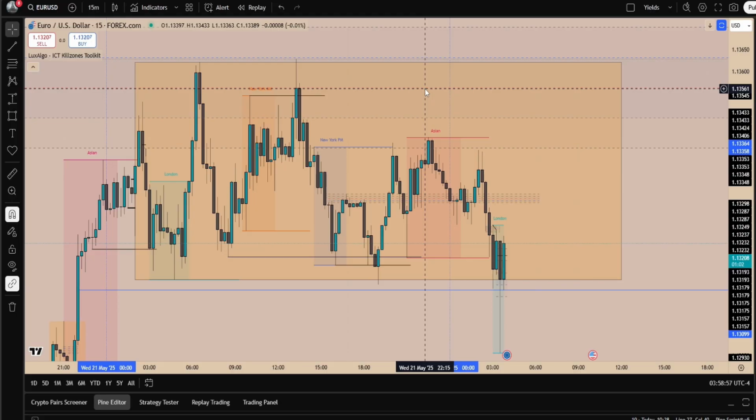As this level is continuously ignored, as price begins to close below it, close above it, well, its immediate importance as a salient level for the continuation of price diminishes.